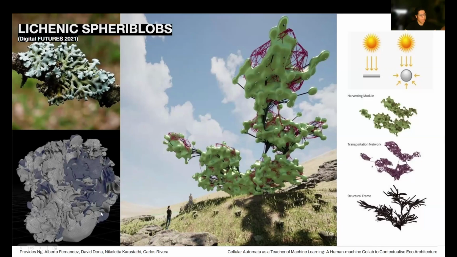So we took inspiration from lichen structures, how they grow towards light, and also how there are other structures that are capable of catching humidity in the air and turning it into water.